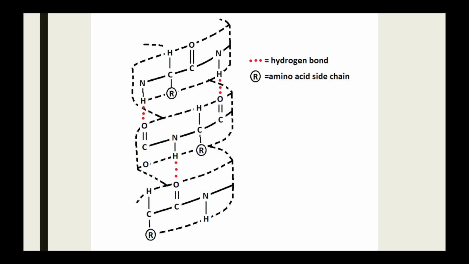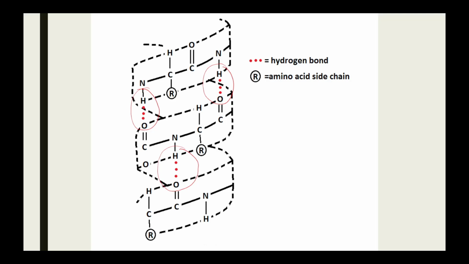In the alpha helix, a hydrogen bond is formed between the NH group and the CO group of other amino acids. So there are different hydrogen bondings you can see.